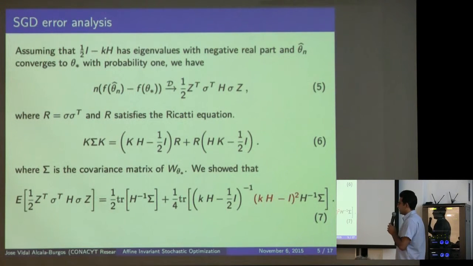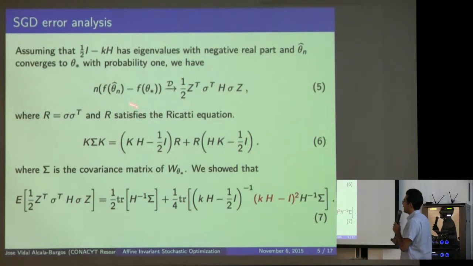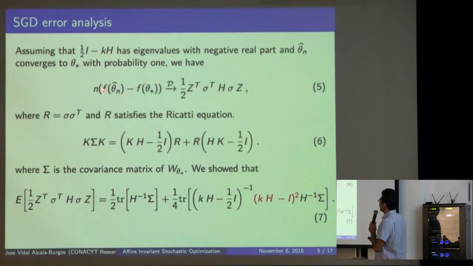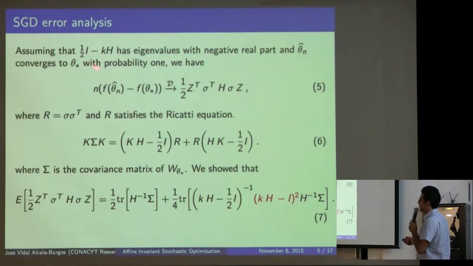Well, it's very standard to show that if the matrix one half of the identity minus this constant K, which is just the step size, multiplied by H has eigenvalues with negative real part, and theta n converges to theta star with probability 1, then we have the following result.